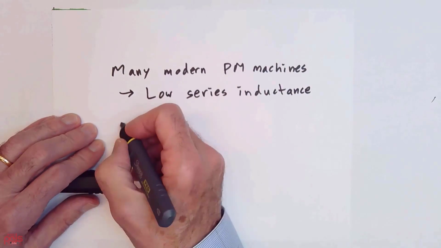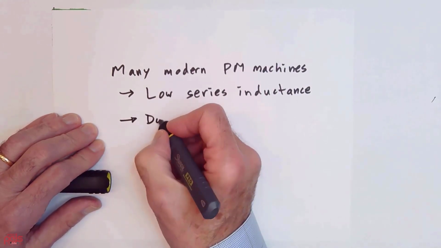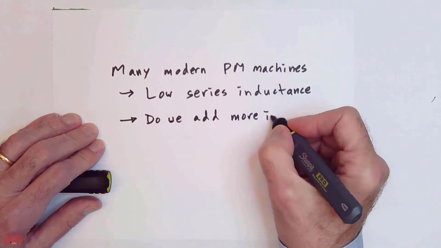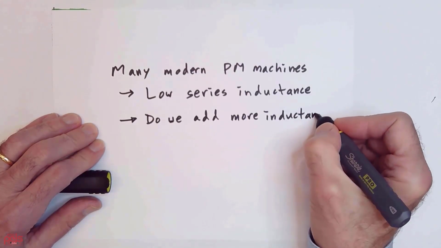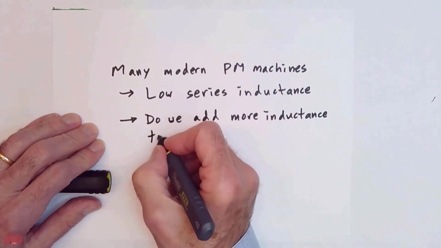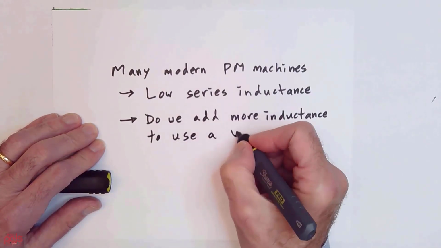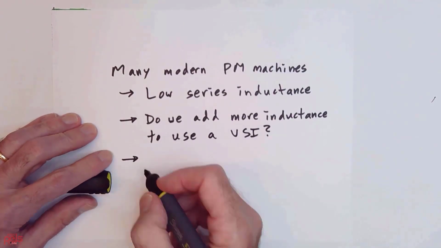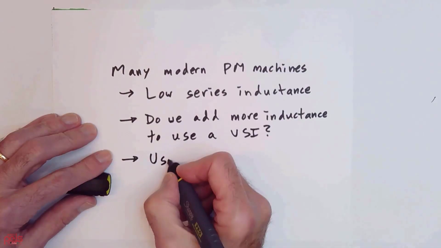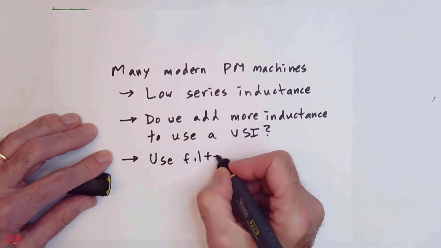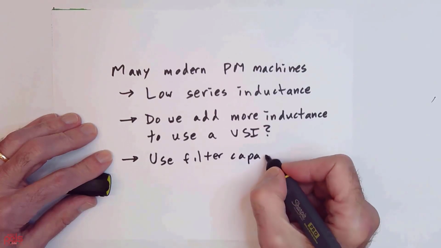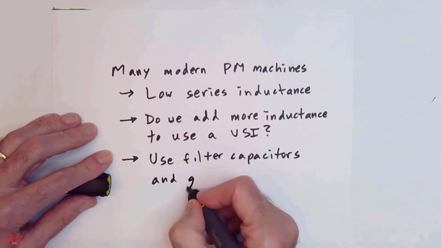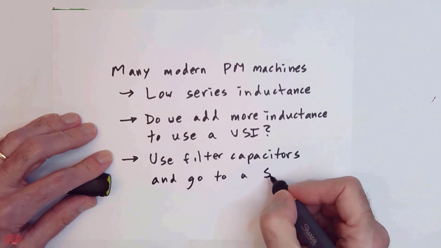So this will be a question, right? Do we add more inductance to use a VSI, or use filter caps and go to a current source inverter?